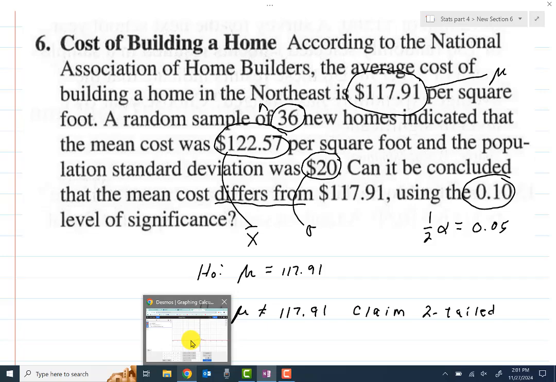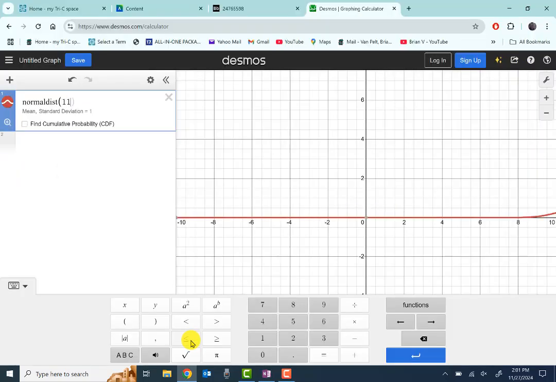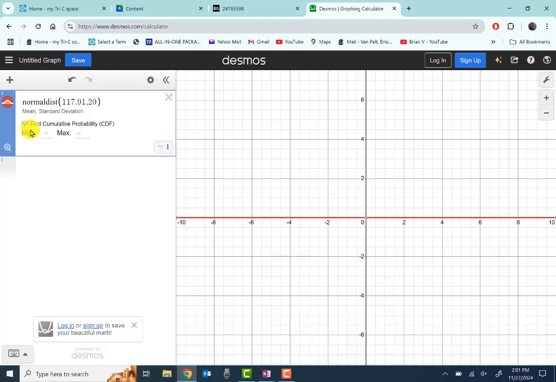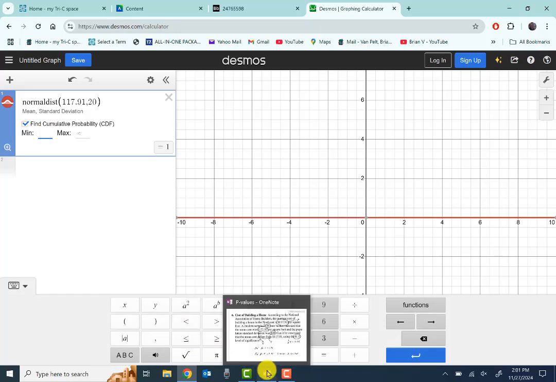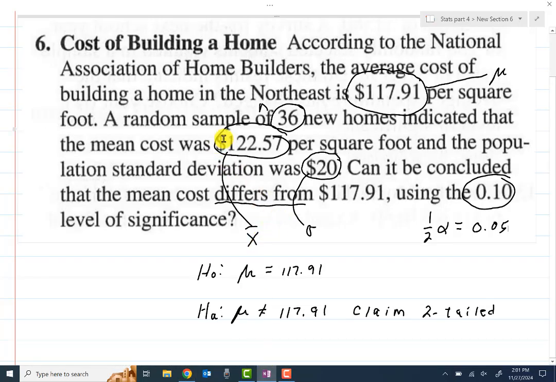So come back. 117.91. Standard deviation is 20. Tell it that you want to find the cumulative probability. And then let's go back to the problem to find out. 122.57 is more than halfway.